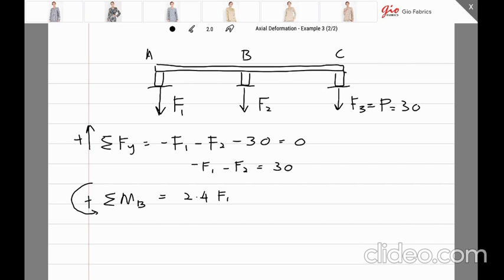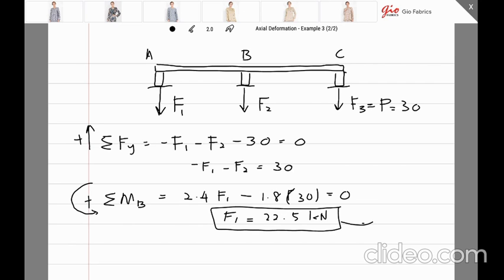It is clockwise, so minus 1.8 F2 or 30 kN, which equals 0. So you should get your F1 equal to 22.5 kN. So this is your F1.